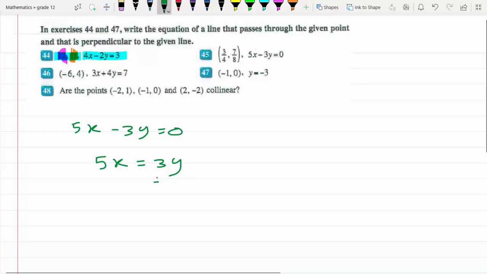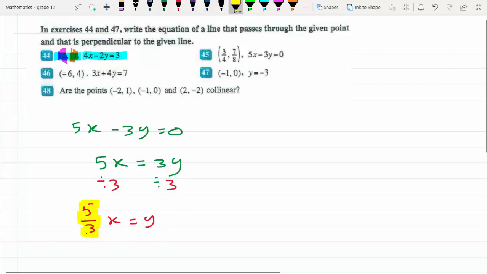To get rid of this 3, because we must have y alone on a side, that's why we are dividing by 3. Divide by 3, divide by 3. Then 5 over 3 x will be equal to y. The 5 over 3 is the slope for the given equation.